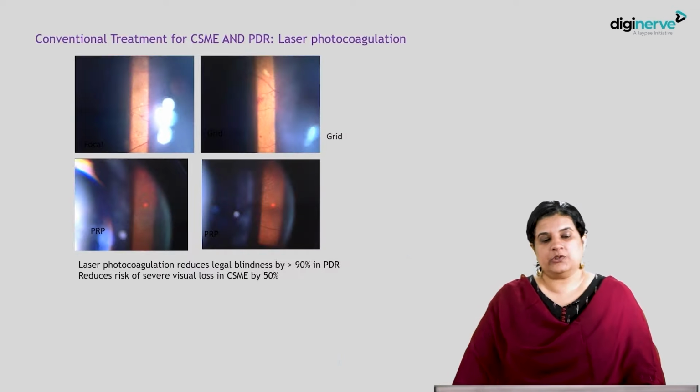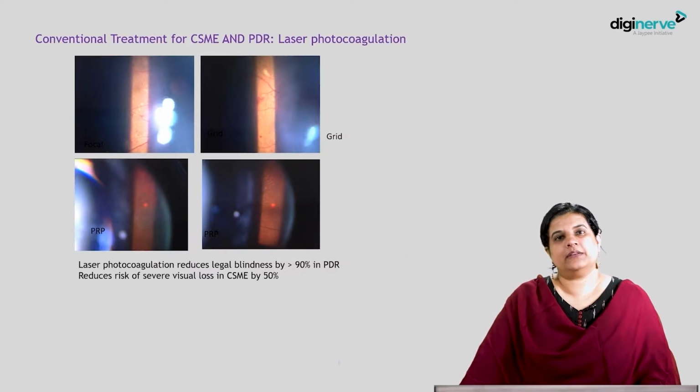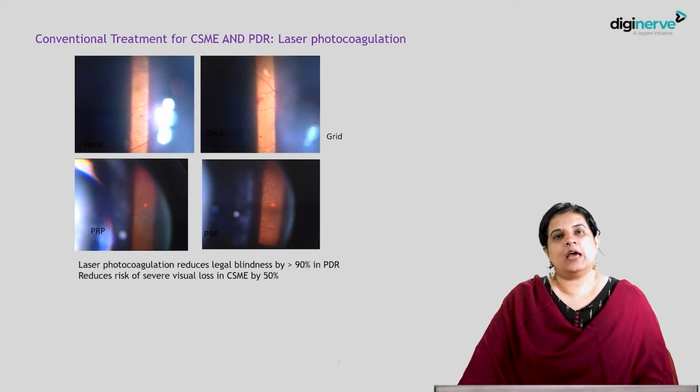The conventional treatment for clinically significant macular edema and proliferative diabetic retinopathy is pan-retinal photocoagulation, or PRP. In this, a laser hits the areas wherein there is abnormal microaneurysm or abnormal vascularization.